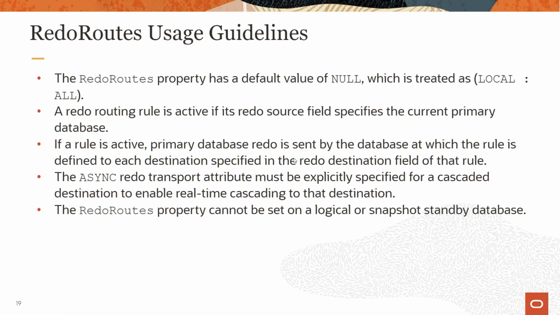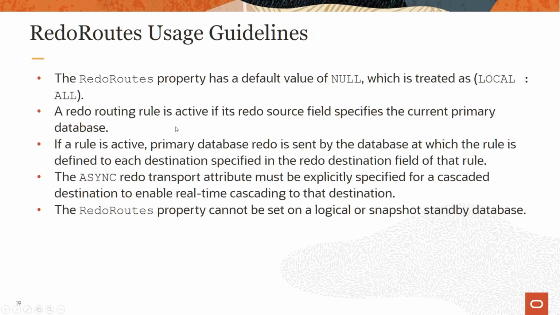So let me come back here. The RedoRoutes property has a default value of null, which is treated as local, meaning that if the current database, which is the local database, is the primary database, then a database that will have a new redo route setting transports redo to the final destination.